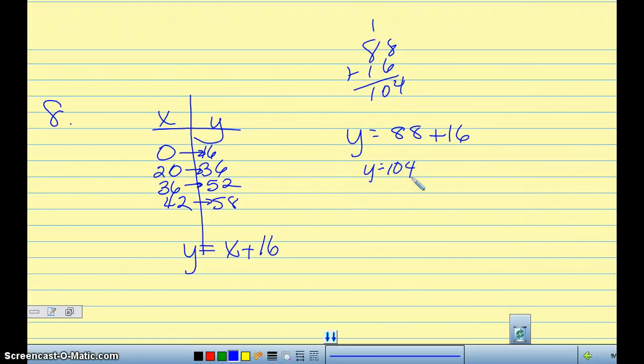I could find out what y is when x is 3,502, something, anything. So plus 16, okay? That's what this rule does. It works for anything. I don't say y equals 0 plus 16 because that does not work for all of them. All right? Let's do a quick check.